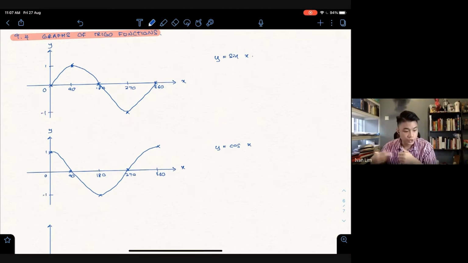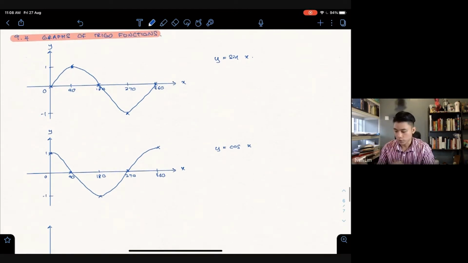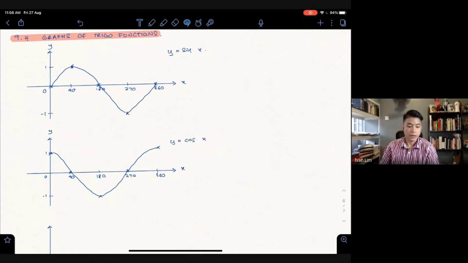So what we just drew, we call this one period. You all need to know a few of these terms. For those who do science, you will come across these terms when you do physics. I'm going to teach you exactly what the relationship is, but let's get familiar with some of these terms first.